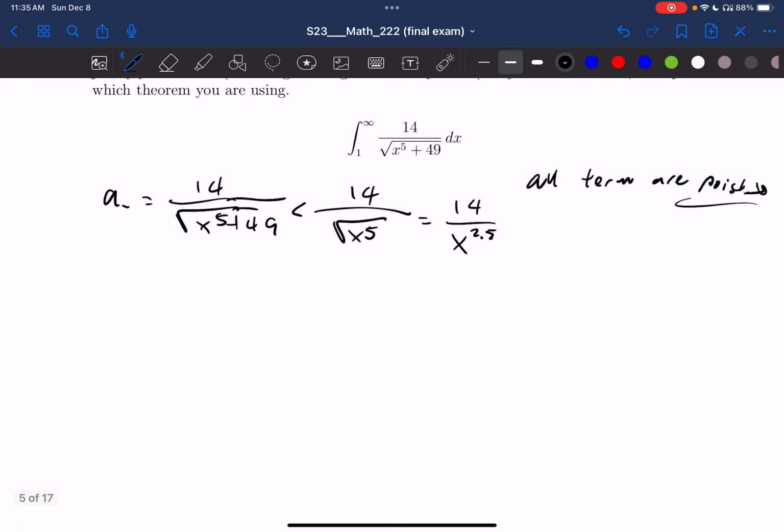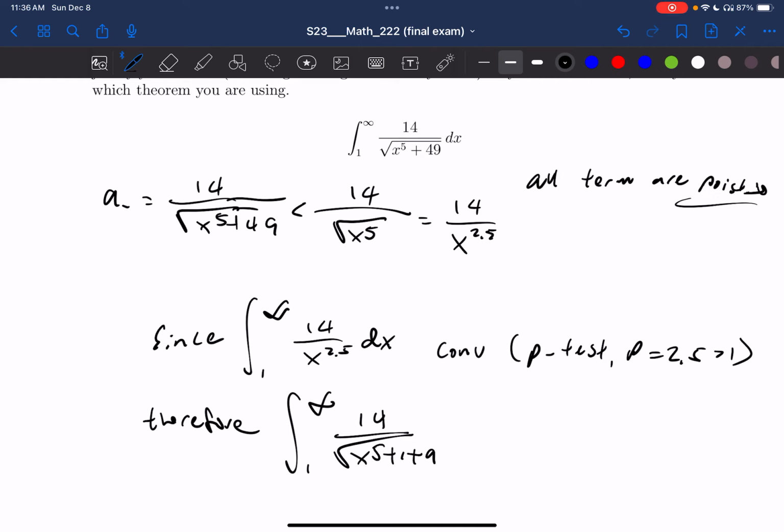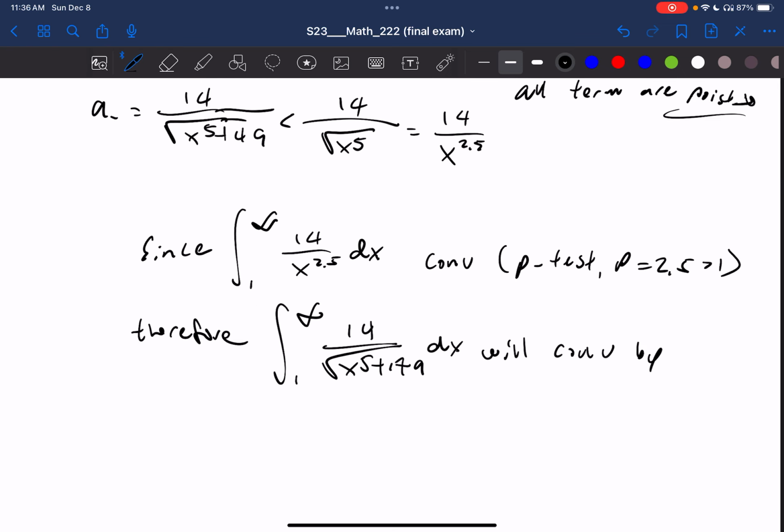And since the integral from 1 to infinity of 14 divided by x to 2.5 dx will converge by p-test, where p is equal to 2.5, which is greater than 1, therefore the integral from 1 to infinity of 14 divided by x to the 5th power plus 49 dx will also converge by comparison test.